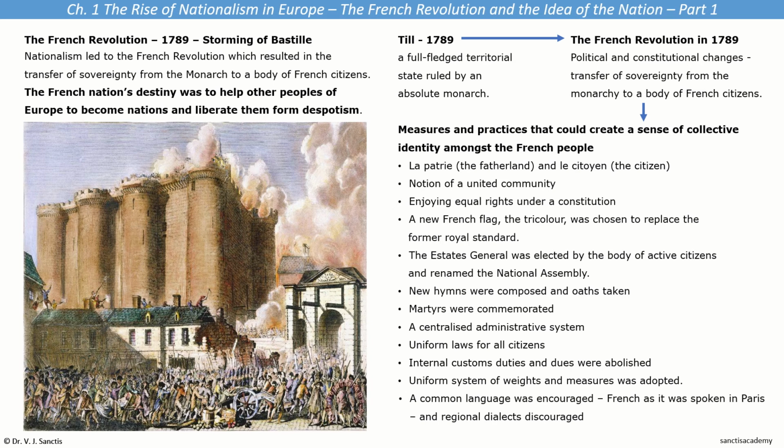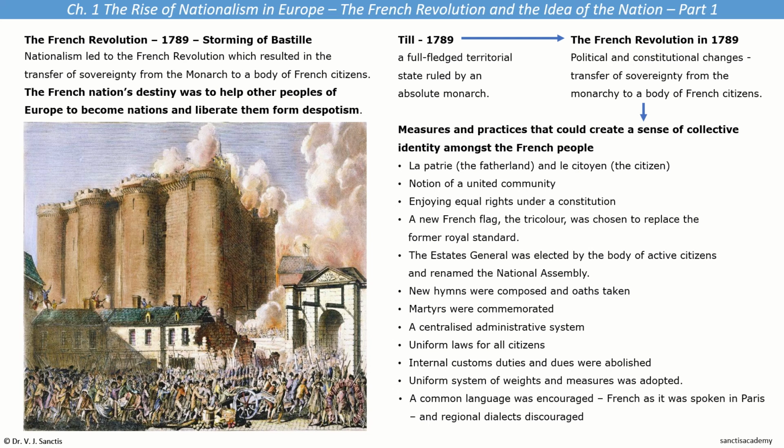In other words, till 1789, France was a full-fledged territorial state under the rule of an absolute monarch. After the Revolution of 1789, political and constitutional changes led to the change in power to a body of French citizens.